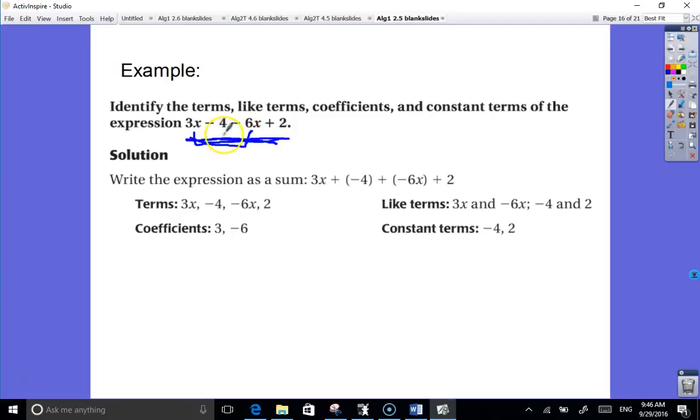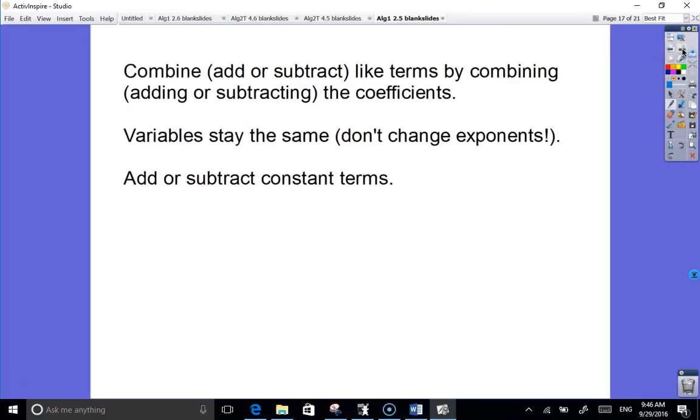The negative 4 and the positive 2 are constant terms, and those are considered like terms. What are the coefficients on the x terms? The 3 and the negative 6. I'm going to ask you a question on the test where you have to answer coefficient, and you have to spell it correctly, okay?